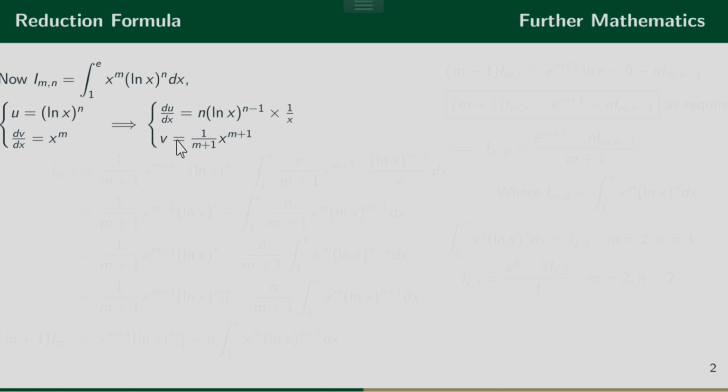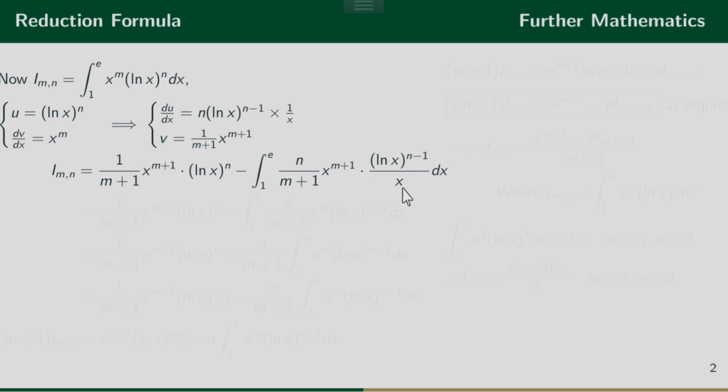Now that I have all the components needed to apply integration by parts, let me go ahead and apply it. So I_{m,n} will be equal to uv. I multiply the function u by the function v. Multiplying these functions, I get this, minus the integral of v du/dx. I multiply this constant term to obtain n divided by m plus 1. Then I take this function and multiply, so I'll have x raised to the power m plus 1 times ln x raised to the power n minus 1 divided by x.